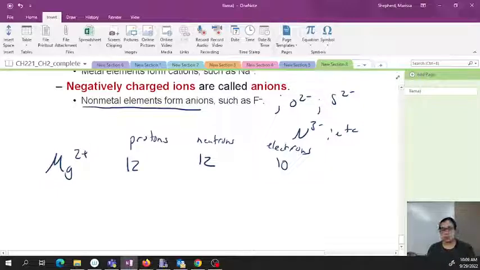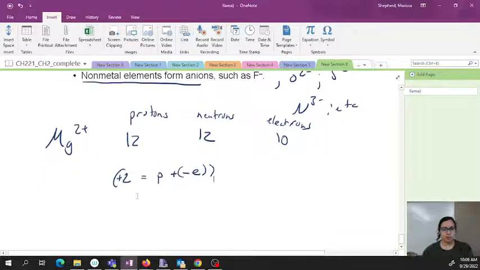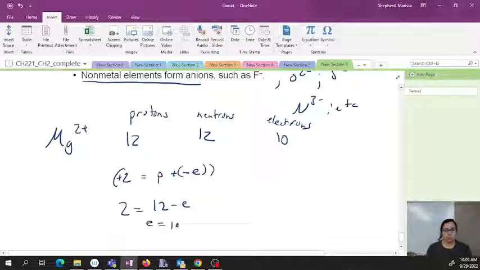If we have a +2 charge, you can think about subtracting those 2 electrons. Or you can always set up the algebra, so +2 is equal to our protons plus our negative amount of electrons, or minus electrons, whatever works best for your brain. And then solving, you get number of electrons is 10 there.